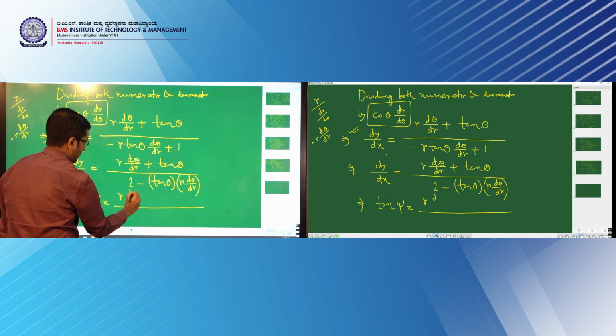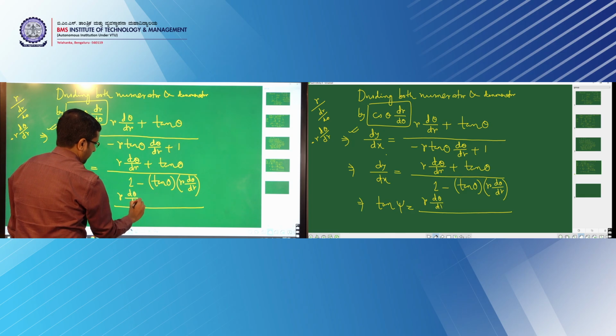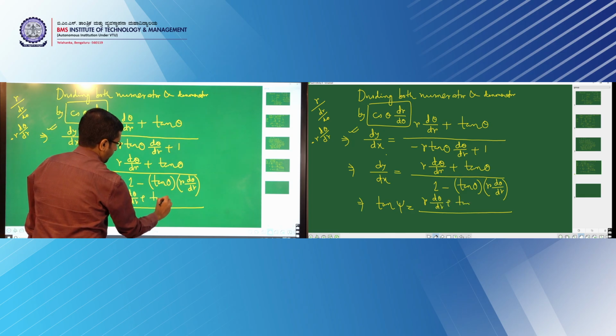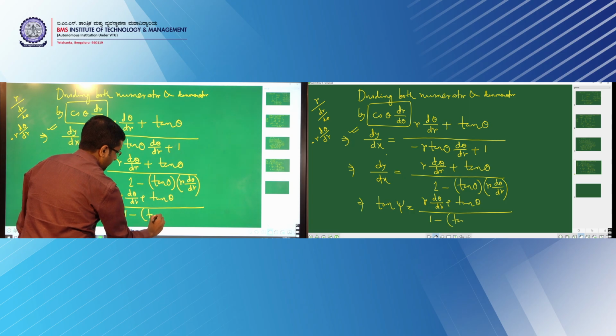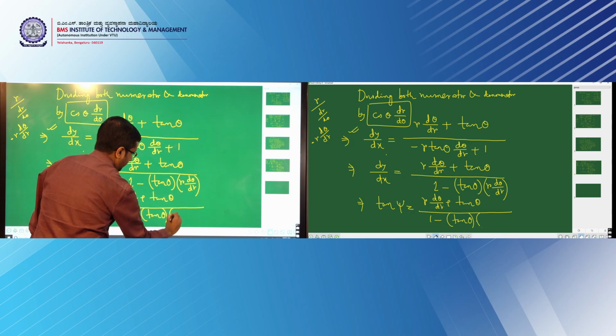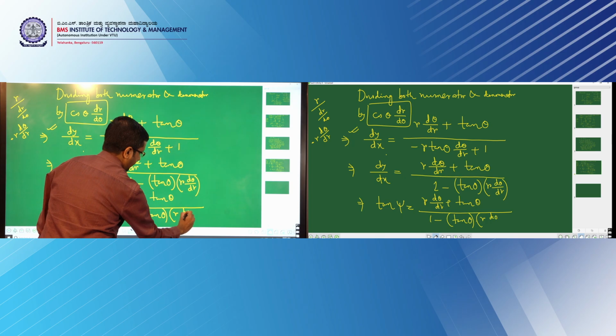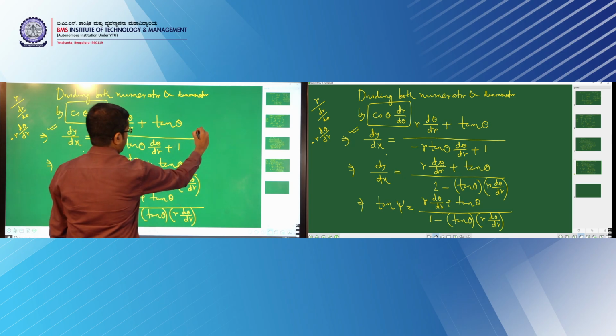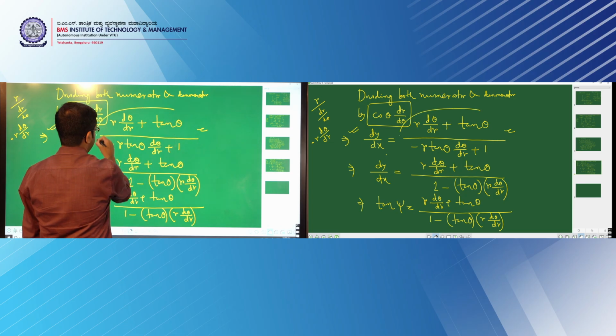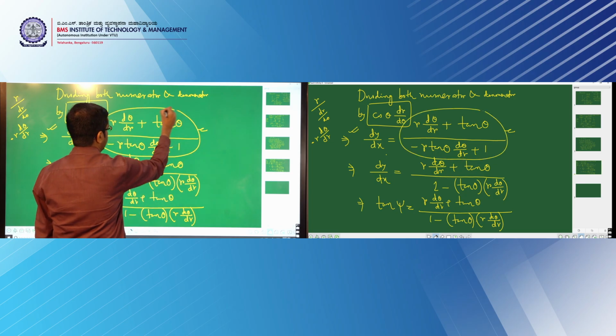So r d theta dr plus tan theta divided by 1 minus the bracket product of two terms, tan theta into r d theta dr. Basically what we are doing here is arranging the expression properly.